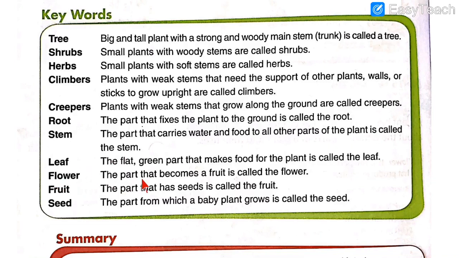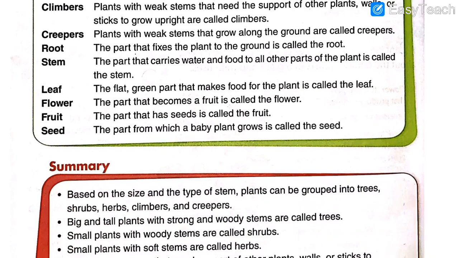Flower, the part that becomes a fruit is called the flower. Fruit, the part that has seeds is called the fruit. Seed, the part from which a baby plant grows is called the seed. So these were the keywords that I had explained in the previous video.